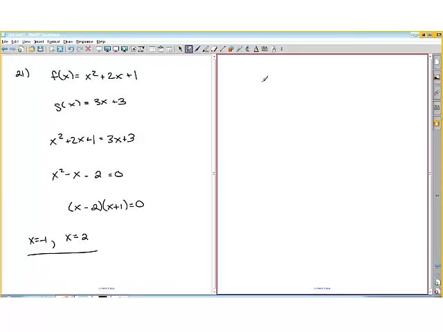So now we integrate. The area is the integral from -1 to 2. The upper curve in this case is the line, and the lower curve is the parabola.